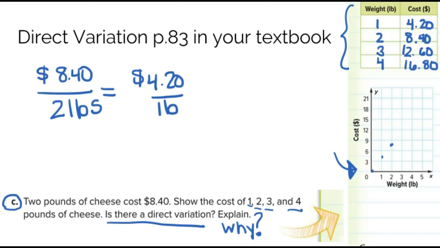My dots keep disappearing on me. 3 pounds is going to be $12.60. 4 pounds is going to be $16.80. So we say that's about there.